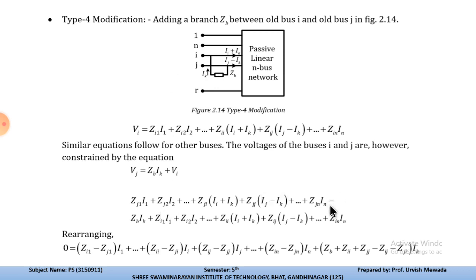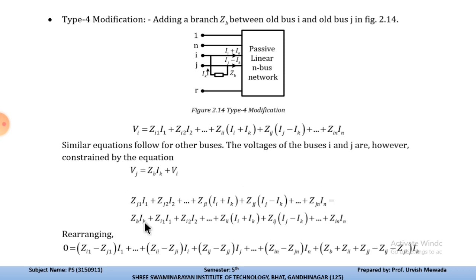Now we can write the equation for Vi, that is Z1j I1. We are making Vj the subject, so this is the voltage equation for Vj.